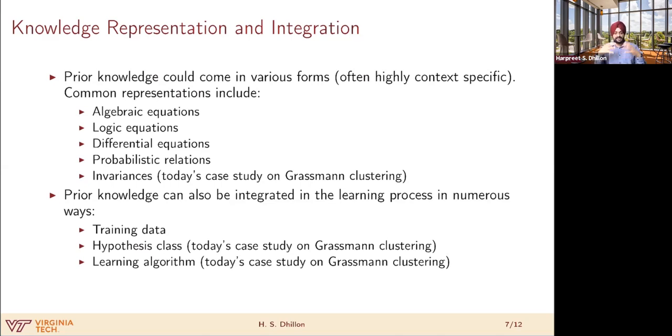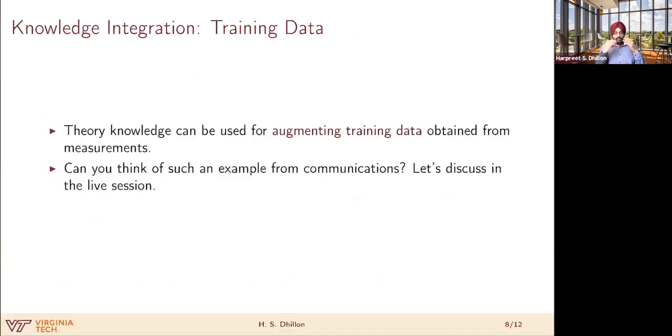In your hypothesis class, you should limit your search to specific functions. That means you probably don't need a very complicated learning algorithm. So that could also impact your choice of learning algorithm, which is what happens in that case study as well.